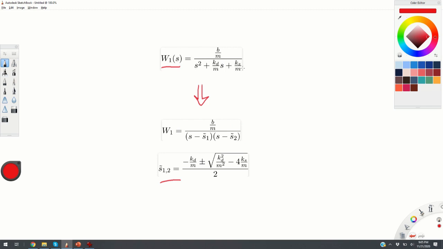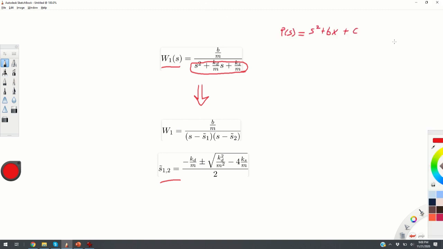They are the zeros of this polynomial. To achieve this, we need to recall one basic technique that you learned in calculus. And this technique is called completing the square.